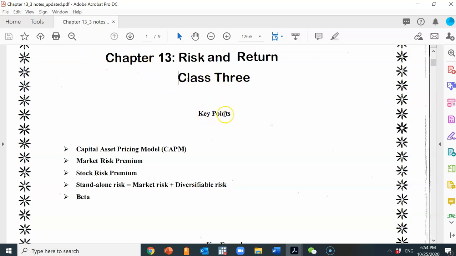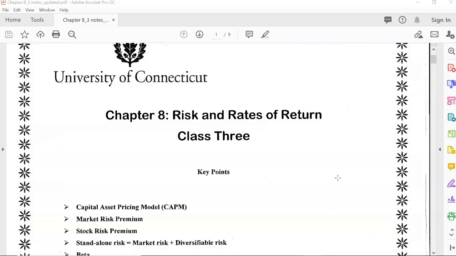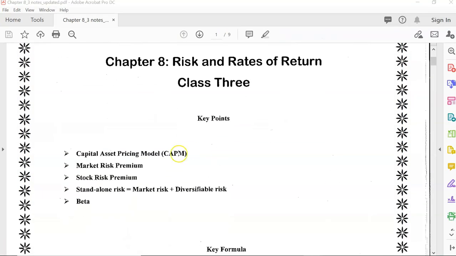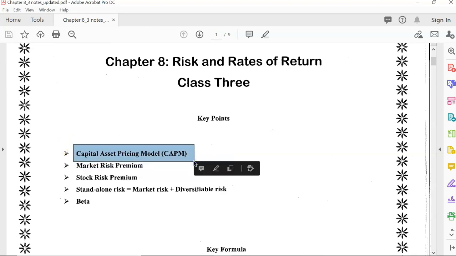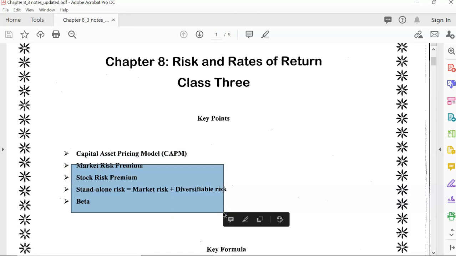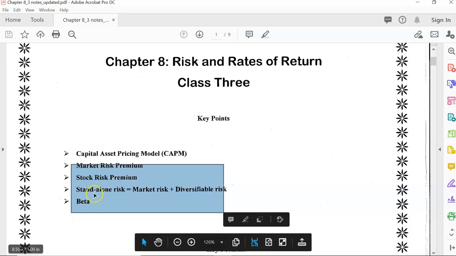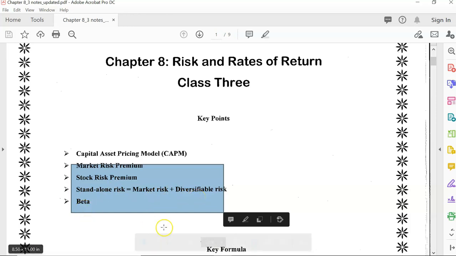Okay, so let me go through the key points and also discuss in detail about this class. We're going to be focused on the capital asset pricing model, CAPM. Some key concepts related to this model are market risk premium, stock risk premium, standalone risk, market risk, diversifiable risk, and beta.